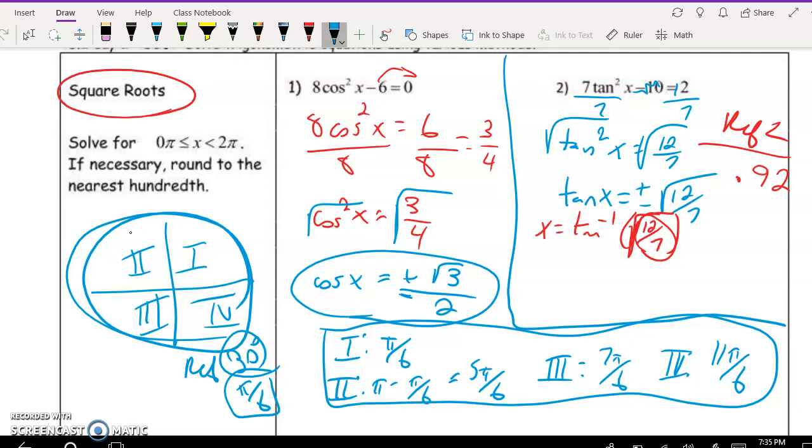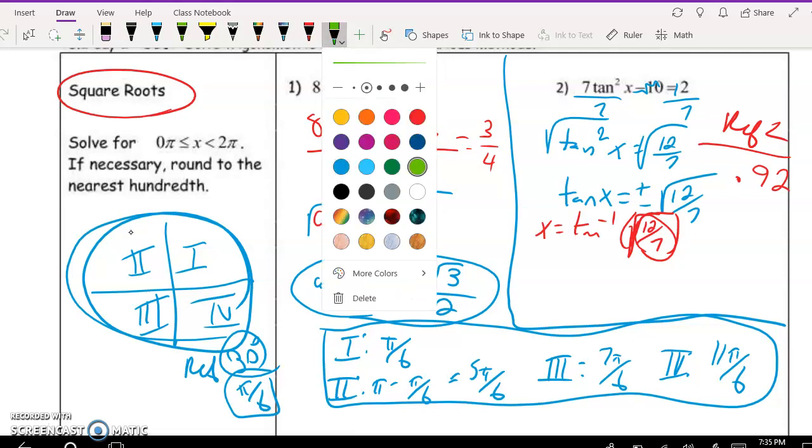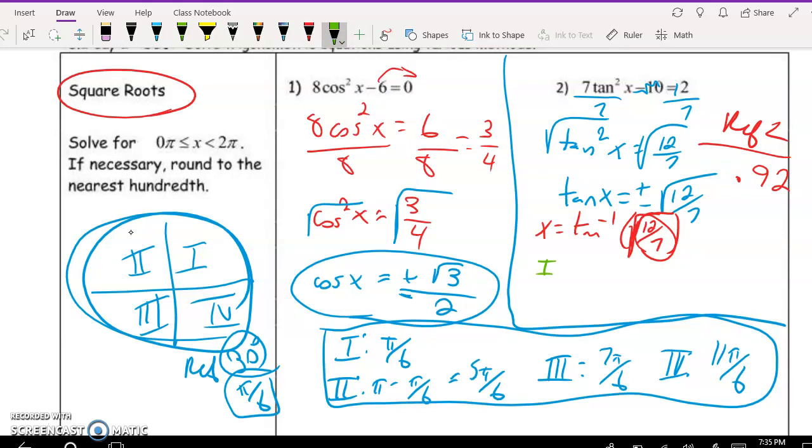So now let's do some different colors. There's lots going on here. Okay, so now in quadrant 1, it's going to be 0.92. And then in quadrant 2, I'm going to take pi minus 0.92. And when I do that, that ends up being 2.22.